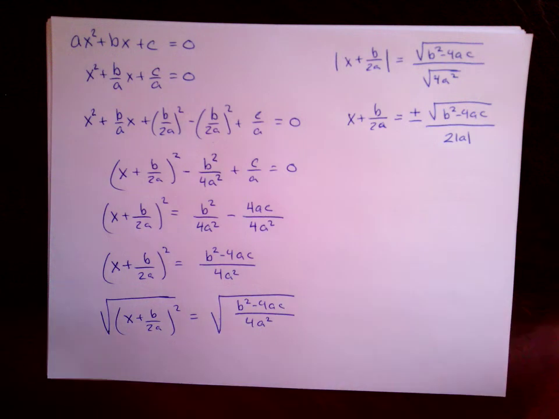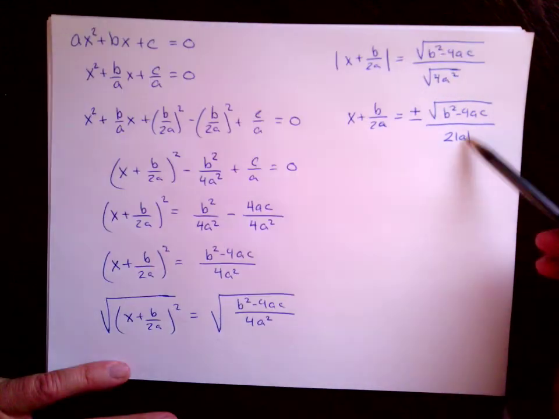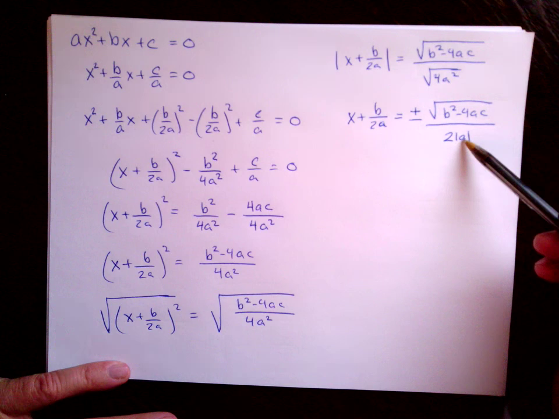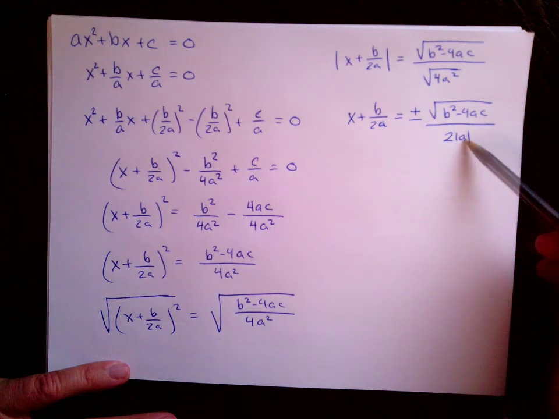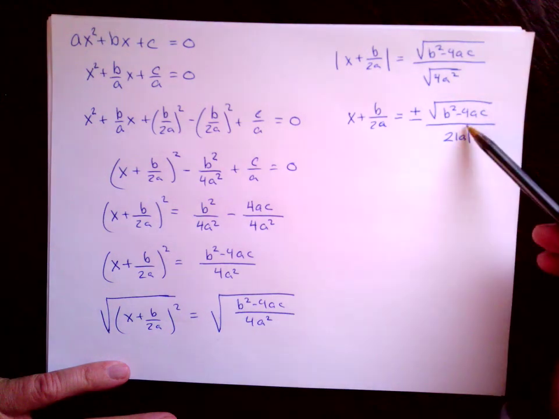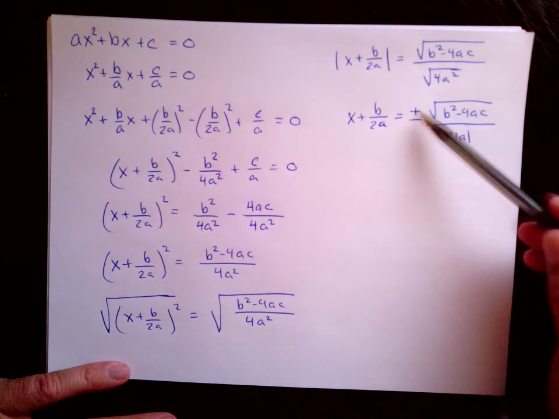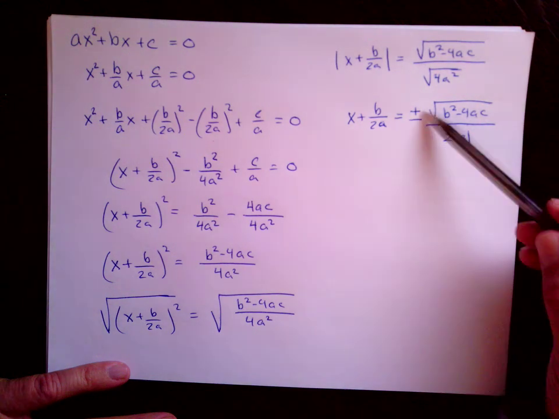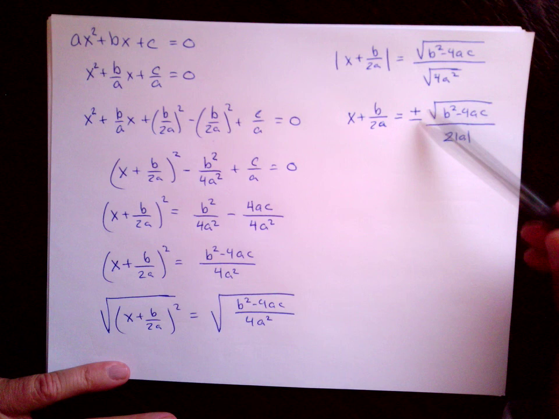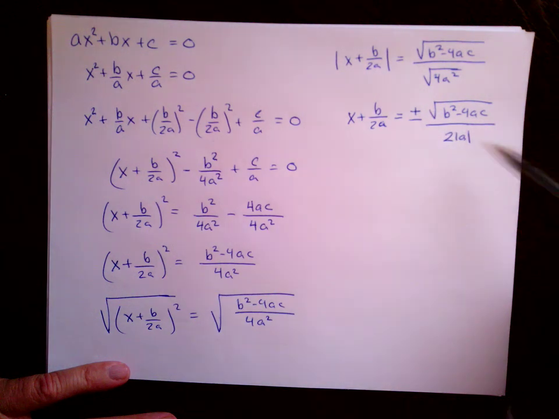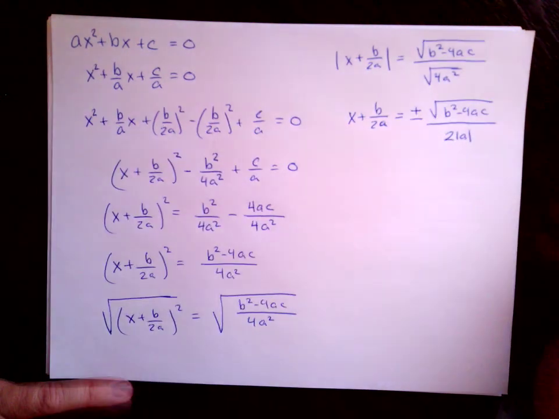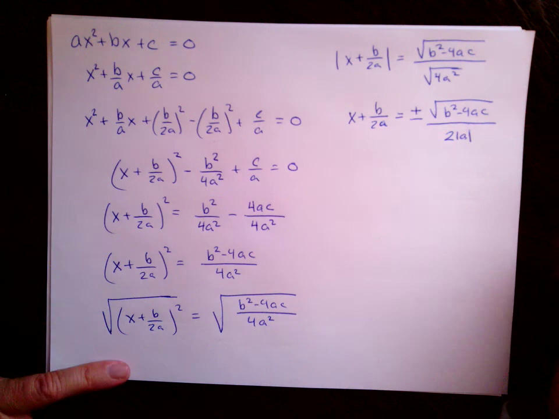Why? Because I see that if a is negative, this will basically change the sign of this entire side of the equation. But I have both the positive and negative versions, so I would simply make the positive into the negative, the negative into the positive. So this actually doesn't do anything for us here in terms of what two values we have over here on the right.